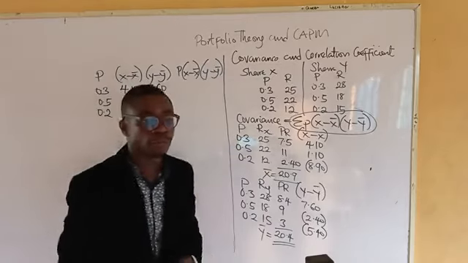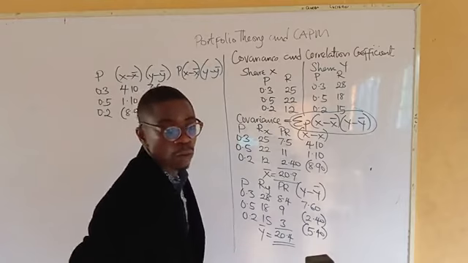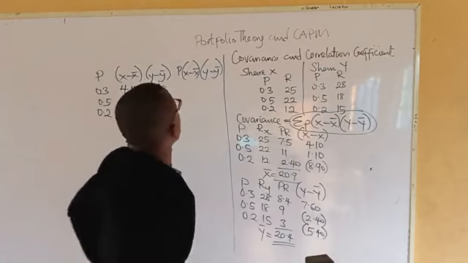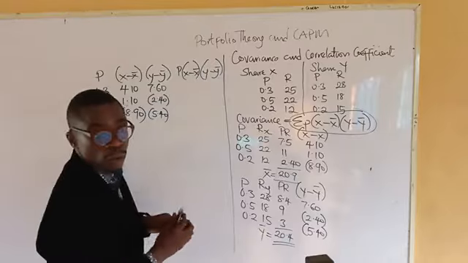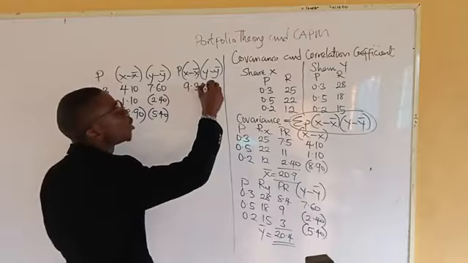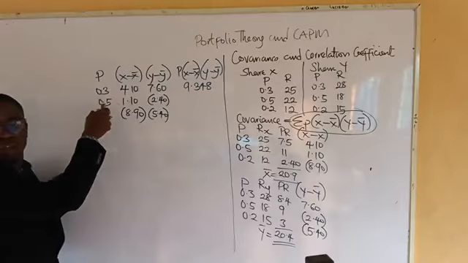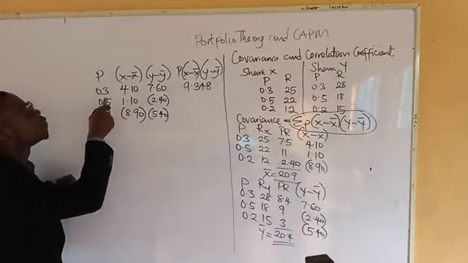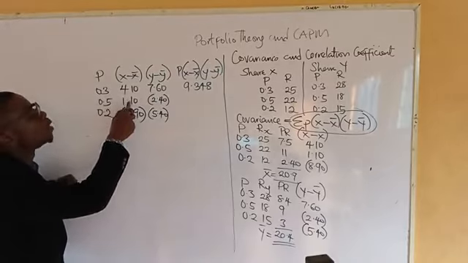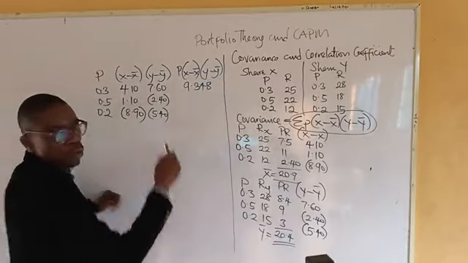What are you going to have? 9.348. The second distribution is 0.5 times 1.1 times minus 2.4, which is minus 1.32.